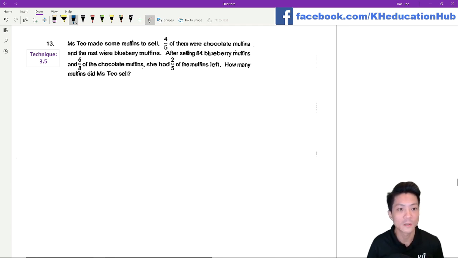Question 13. Ms. Teo made some muffins to sell. 4/5 of them were chocolate muffins and the rest were blueberry muffins. They're selling 84 blueberry muffins and 5/8 of the chocolate muffins. She had 2/5 of the muffins left. How many muffins did Mrs. Teo sell? In this question, I'm gonna draw a model.